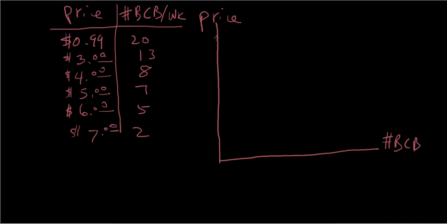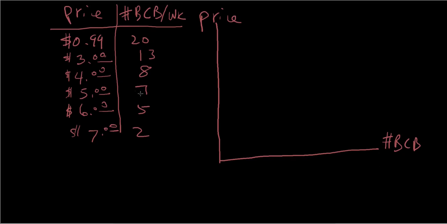This may confuse some of you, and you will see why sometimes, but for now, put price on the vertical axis and quantity on the horizontal axis.